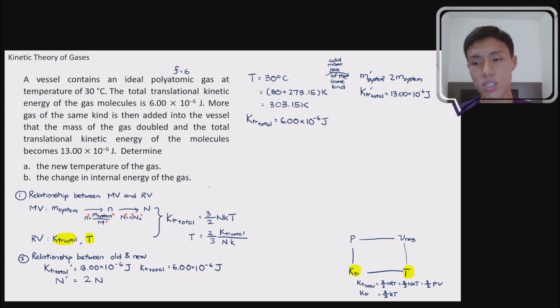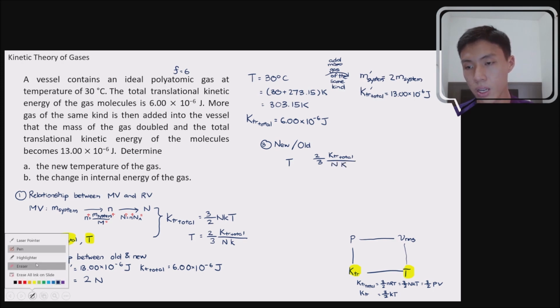Okay, so once you determine the relationship between old and new, what's the last step? The last step will be to take the new equation and divide by the old equation. So for the new equation, you have T equals 2 over 3 KTR total divided by NK, but because it's new, everything deserves a prime.